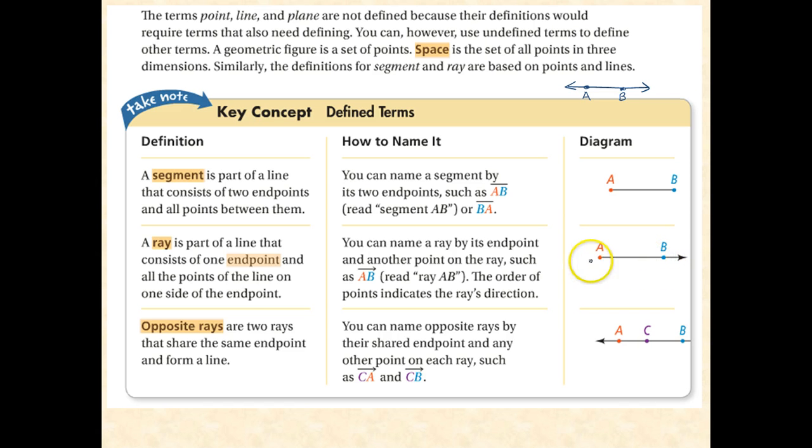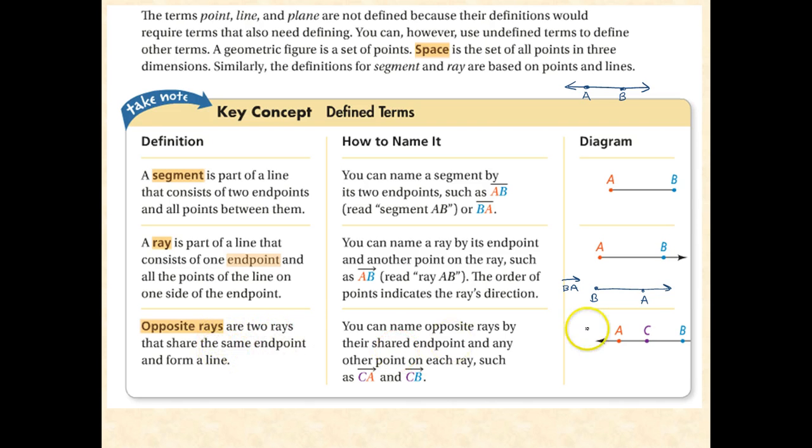So ray AB always has to start at A and then go through B. This would be ray BA. So it's important what letter goes first. That'll tell you what ray you're talking about.